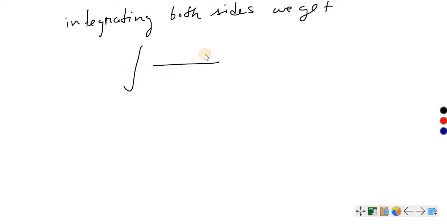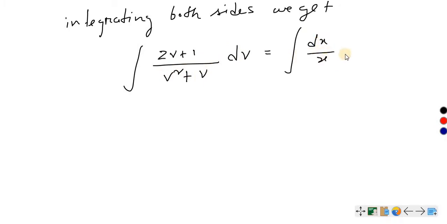So here we had what? (2v plus 1) divided by (v square plus v) dv is equal to integration of dx by x. So this is what we have.